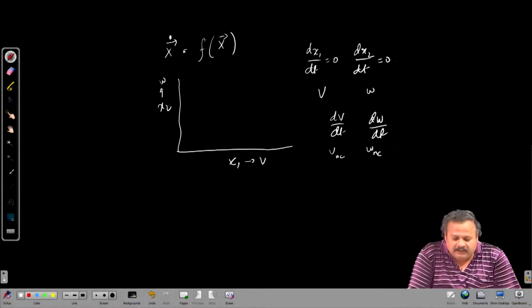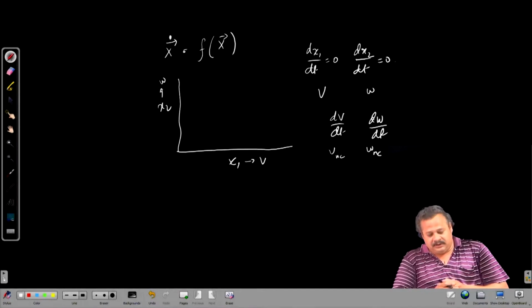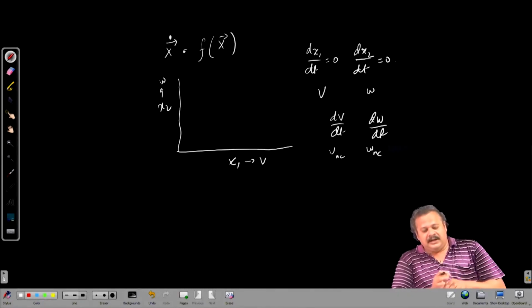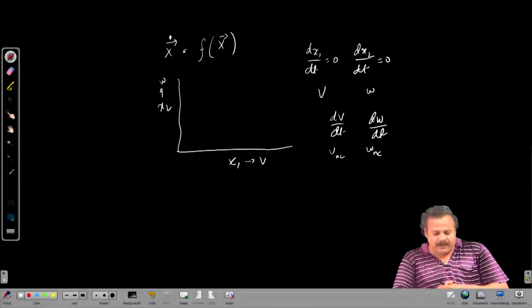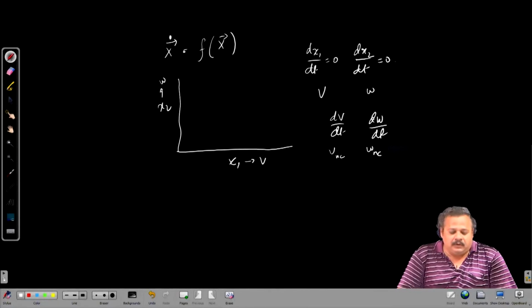The property of the equilibrium points, we said, determines the property of the system in general, and in order to understand how it influences the system, we talked about linearizing around the equilibrium points in the phase plane.